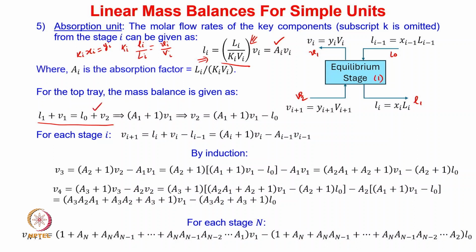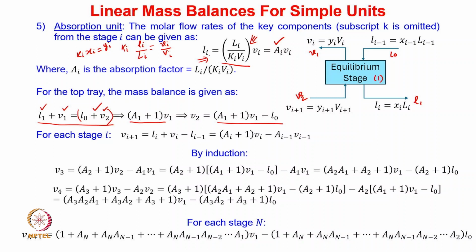Now L_1 will be given by A_1 V_1, so we can replace L_1 by A_1 V_1. V_1 is already there, so taking V_1 common, it becomes (A_1 plus 1) times V_1, and that should equal this entire bracket term. Further rearranging, this V_2 can be obtained as this entire term minus L_0.